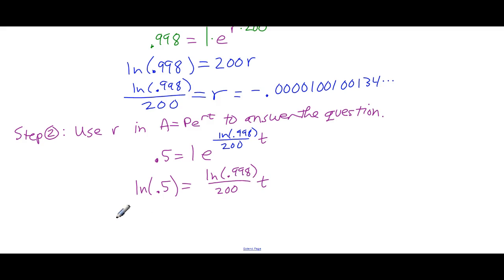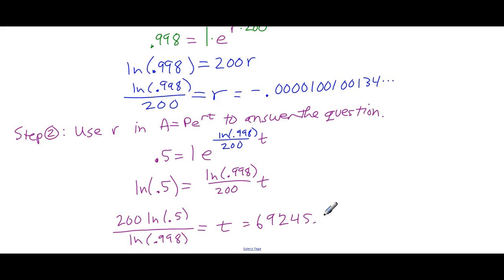It's a little better to multiply the denominator up first and then divide by the natural log of 0.998. You get a much cleaner, easier thing to type into your calculator. So let's see what we get there. 200 times natural log of 0.5 divided by natural log of 0.998 is 69245.38021, etc.